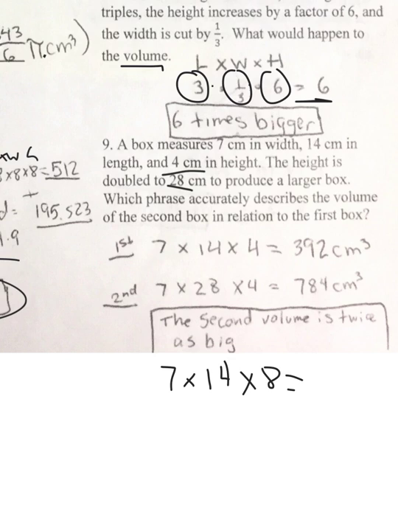Well, no matter what you double, you're doubling one dimension. So if you do 7 times 14 times 8, you still wind up at 784. I don't know what happened to that 4 at the end. It just got away from me.